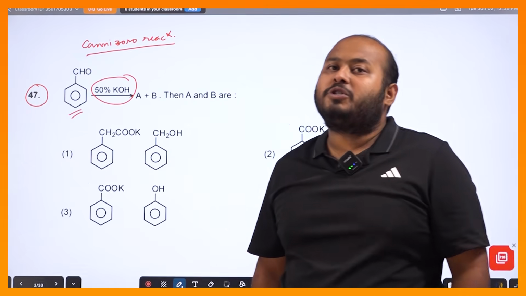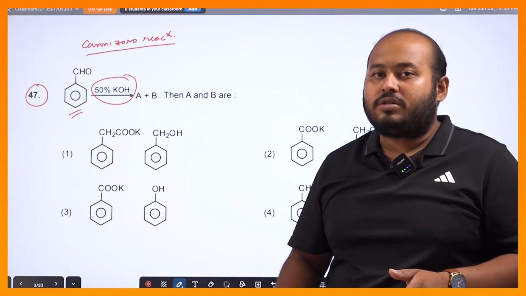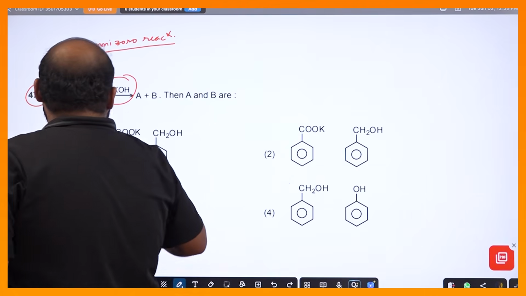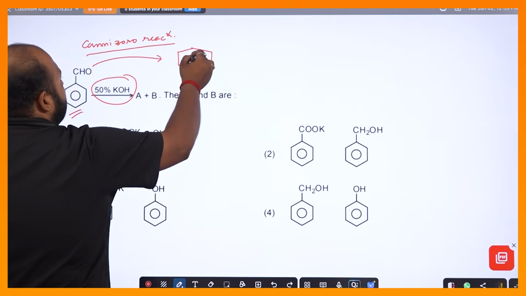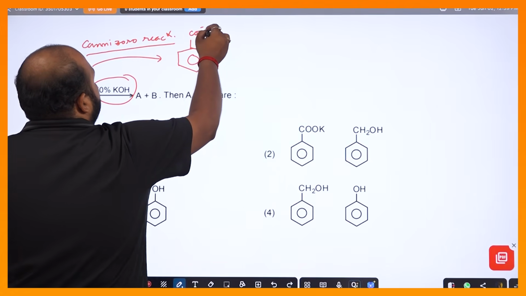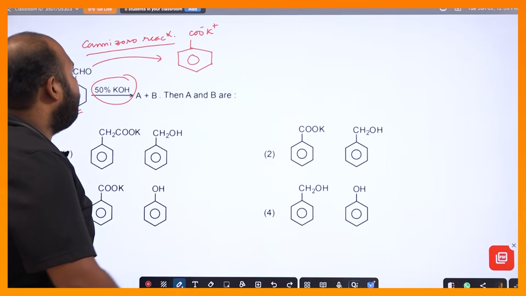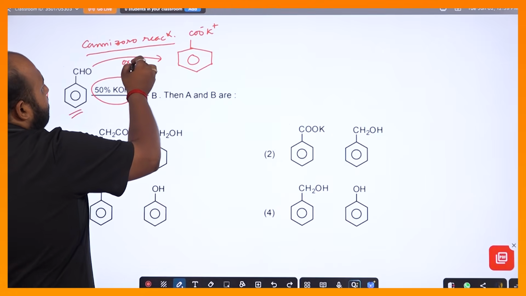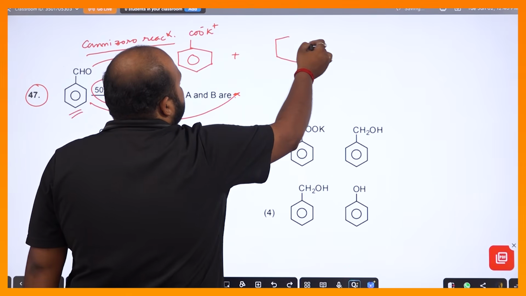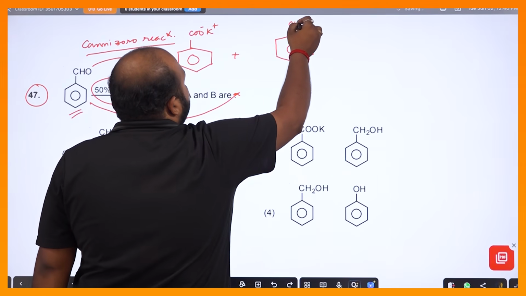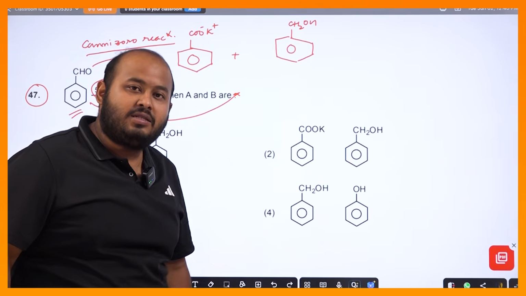If it is a disproportionation reaction, one mole will get oxidized and another mole will get reduced. So the corresponding compound we can expect from here is potassium benzoate, and this is the oxidized part, and the other mole will be reduced, that will be alcohol, and this specific compound is benzyl alcohol.